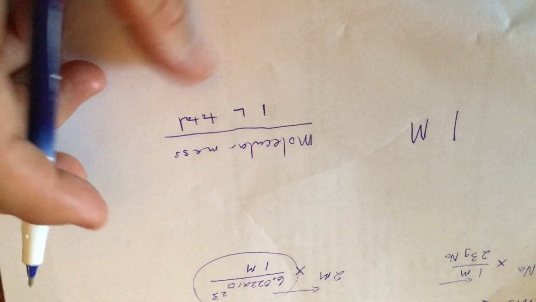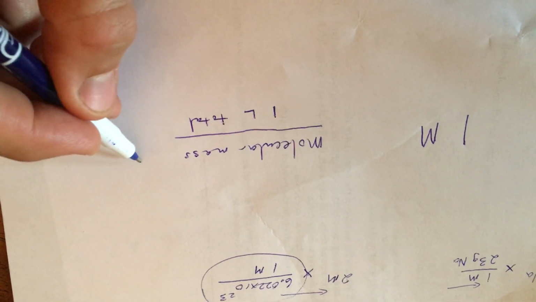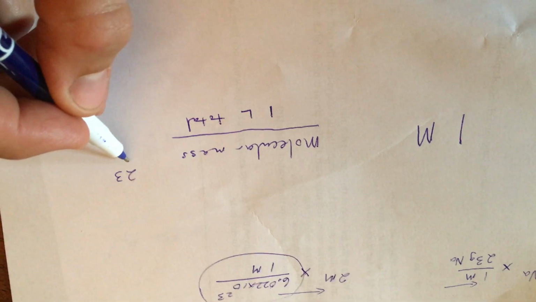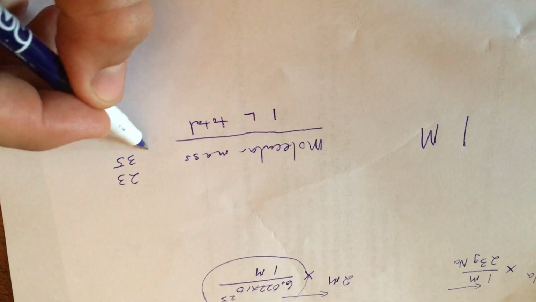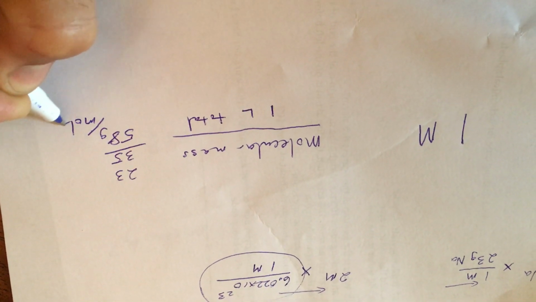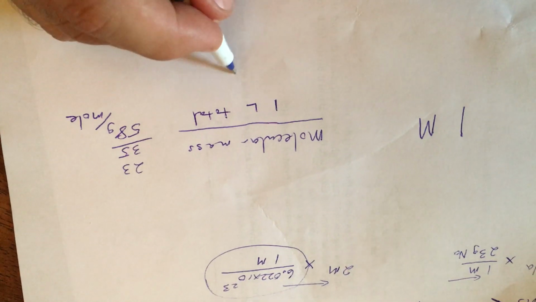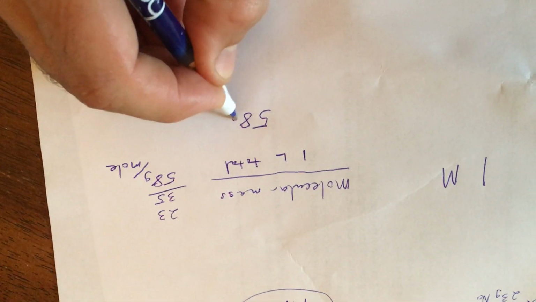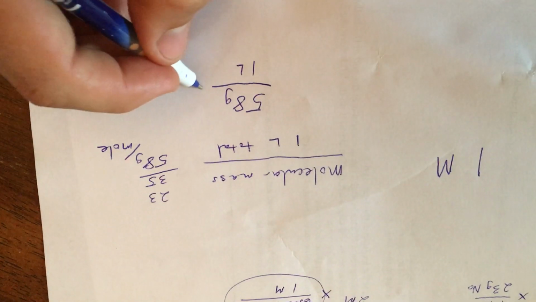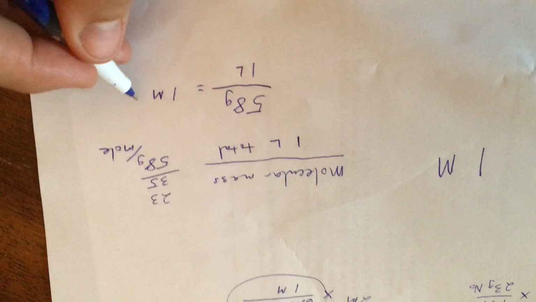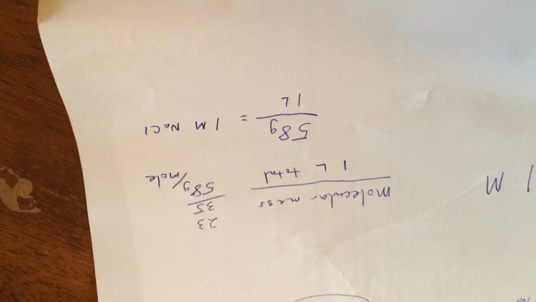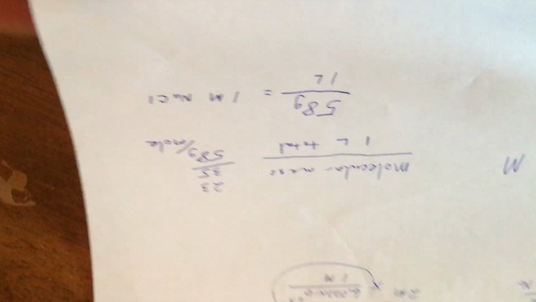If I was making a 1 molar solution of sodium chloride, sodium has a molecular mass of 23, chlorine has a molecular mass of 35, so sodium chloride is 58 grams per mole. I would take 58 grams and add enough water to have 1 liter total, and that would be a 1 molar solution of sodium chloride. That's something to keep in mind when you're doing these problems. It helps you check your answers.